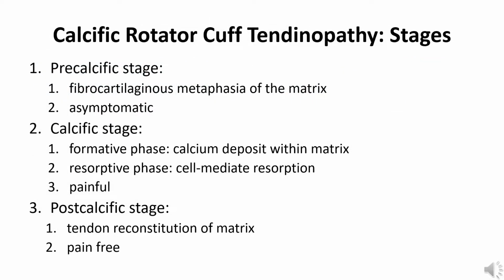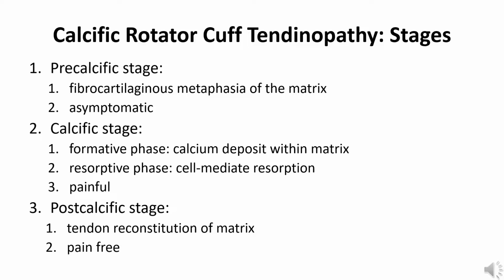Calcific rotator cuff tendinopathy consists of 3 stages. In stage 1, the pre-calcific stage, there is fibrocartilaginous metaplasia of the matrix. Patients at this time are asymptomatic. As the condition progresses to stage 2, that is the calcific stage, 2 phases characterize this time period.